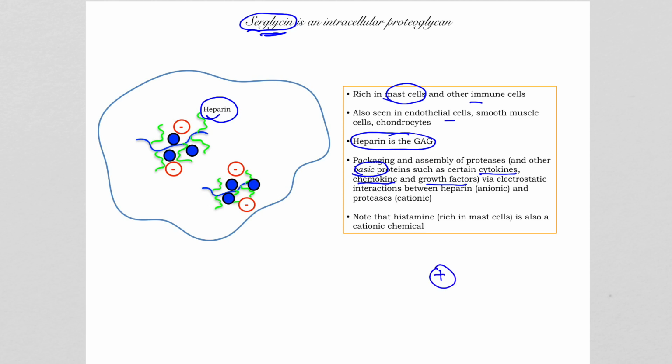Therefore, these net positive charge proteins get attracted to the negatively charged heparin that is part of the serglycin stored inside the mast cell. Just to note, the small molecule histamine is also an amine, a cationic, positively charged chemical that is very rich in mast cells.